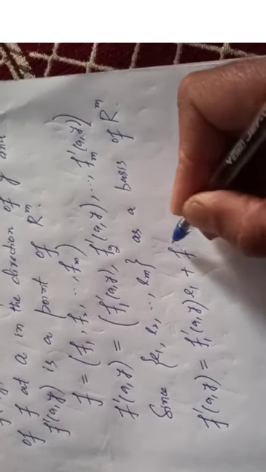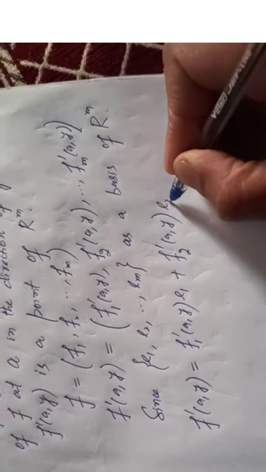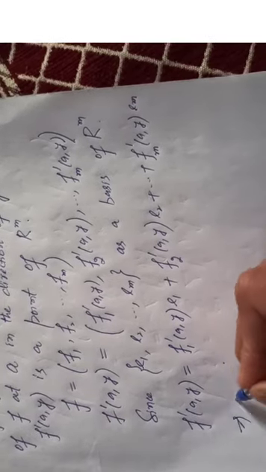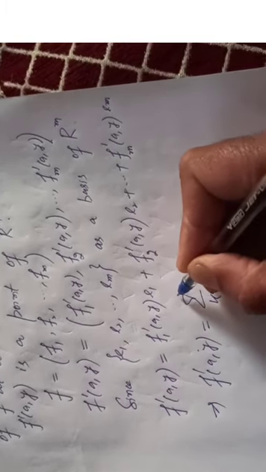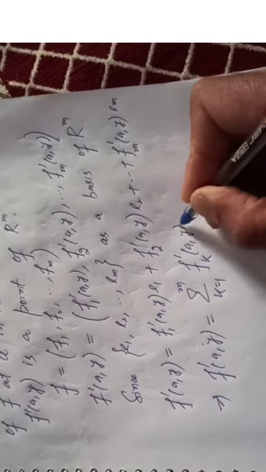So I can write f'(a,y) equal to f1'(a,y) E1 plus f2'(a,y) E2 plus and so on plus fm'(a,y) Em, which implies f'(a,y) is equal to the summation k running from 1 to m of fk'(a,y) Ek.